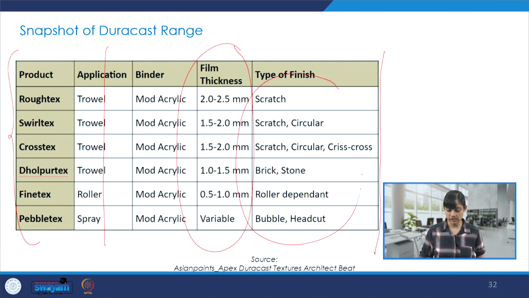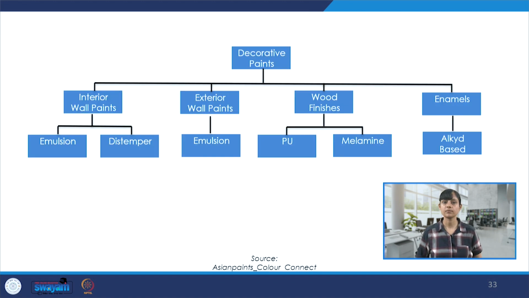What are the different kinds of finishes that you could achieve in that process of applying it through different tools and in different customized ways also? Of course, they come in a very defined pattern, but they could be customized.